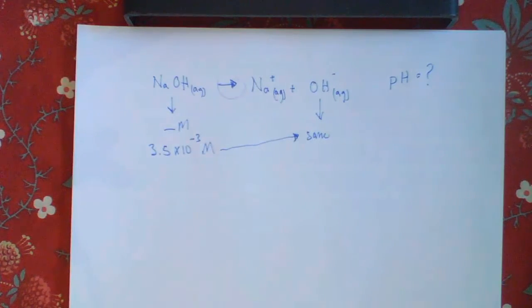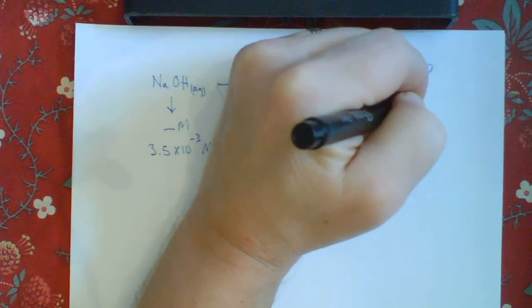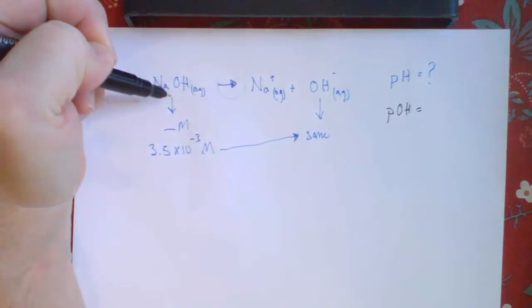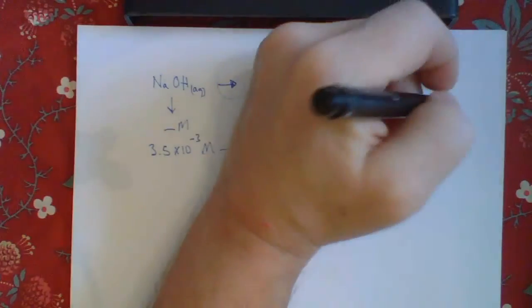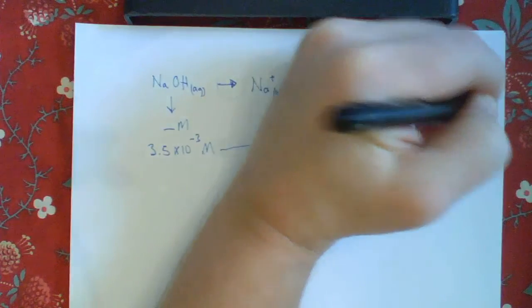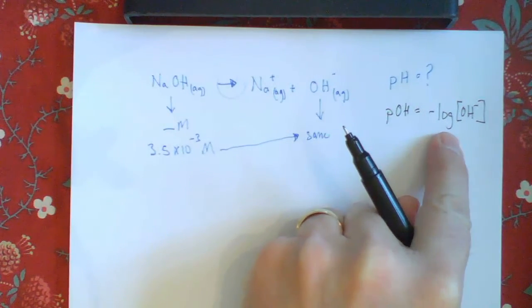Now we have this thing that's called pOH. pOH is similar to pH in that it's the negative log of the hydroxide ion concentration. So it's just going to find out how strong the hydroxide is in the solution.